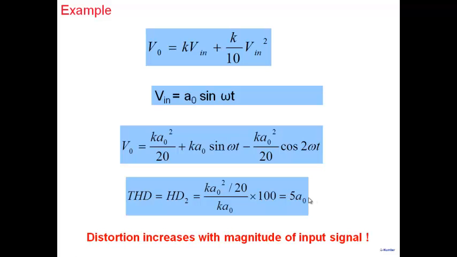You want to drive more power into the speaker. More power into the speaker means more output amplitude, which basically means more input amplitude, and more input amplitude means more distortion. So when you drive things at very high power, the input amplitude is rising correspondingly, and that's one reason why you may see distortion increasing with the signal.